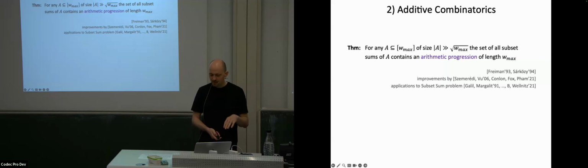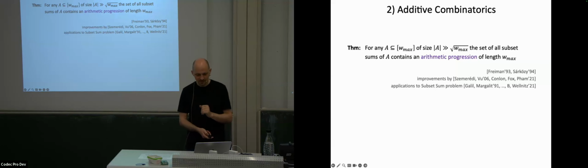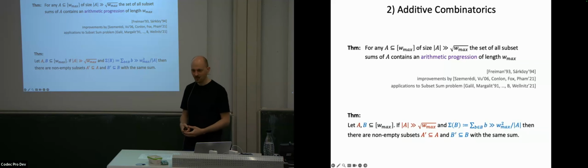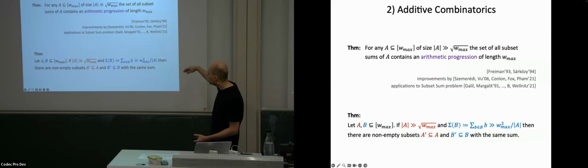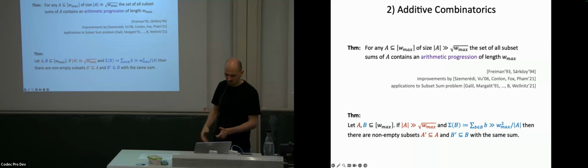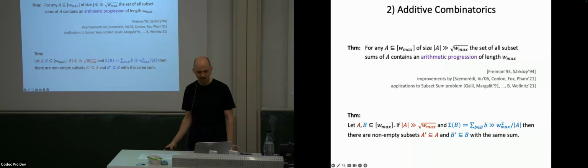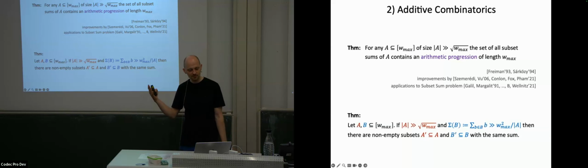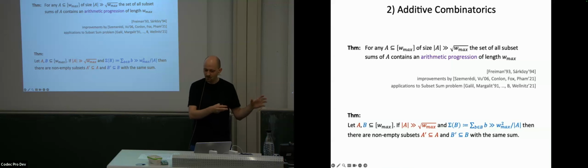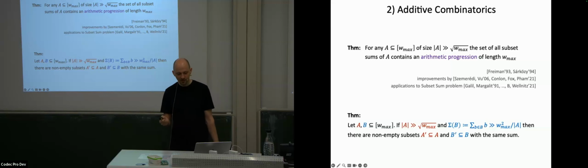Anyway, if you look into the literature of this type of result and relate it, then one can distill the following result from that. So this theorem can more or less be found in this literature, or at least it can be easily proven by combining some lemmas in this literature. So this is basically what follows from additive combinatorics, namely that if you have two sets of integers bounded by Wmax, and the set A has large size, and the set B has large sum, whatever large exactly means, then they have two non-empty subsets.